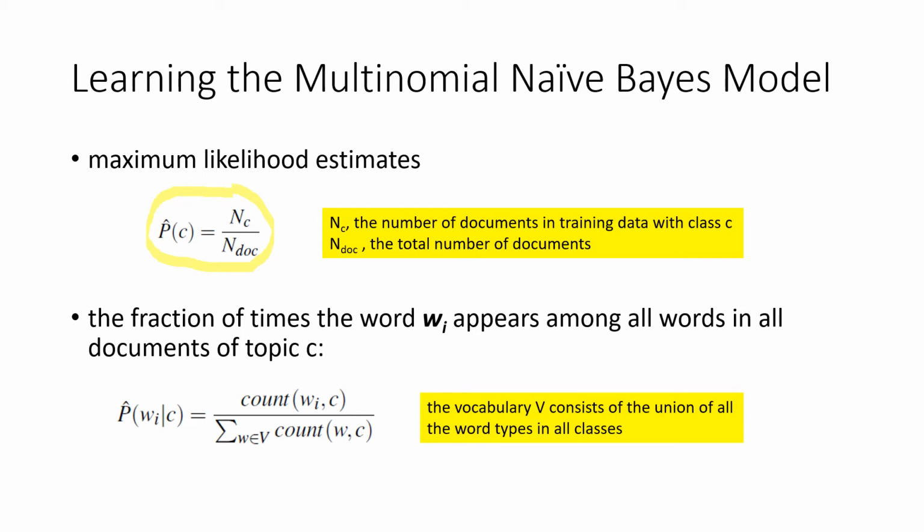Then we use the frequency of Wi in this concatenated document to give a maximum likelihood estimate of the probability, as shown with this expression here. Here, the vocabulary V consists of the union of all the word types in all classes, not just the words in one class C.